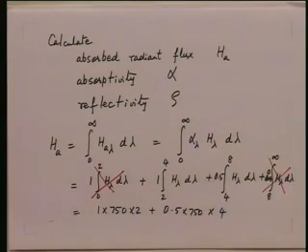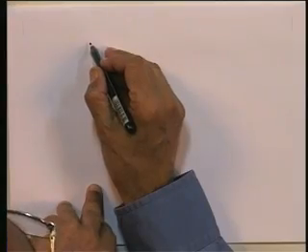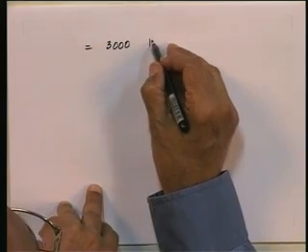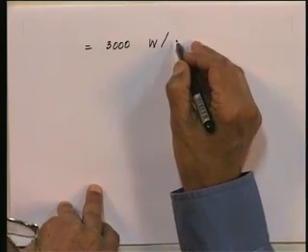The second and the third give me these values, and if I calculate them, I get nothing but 1500 plus 1500, which is 3000 watts per meter square. That is the value of H A.